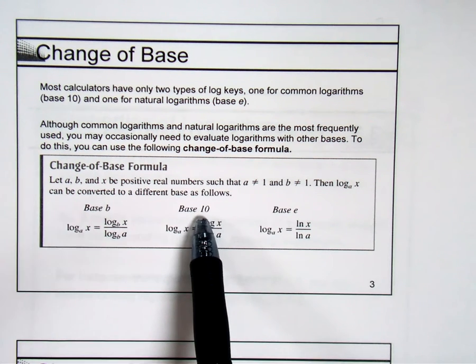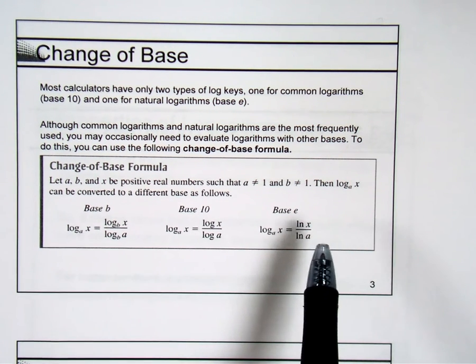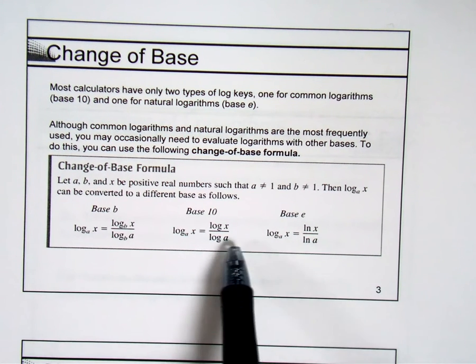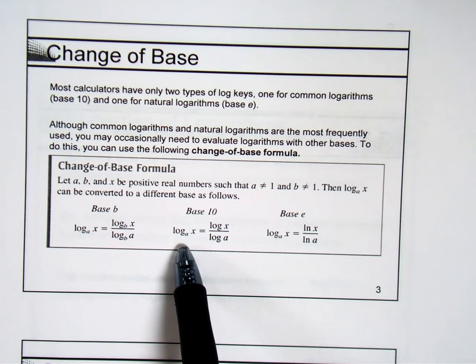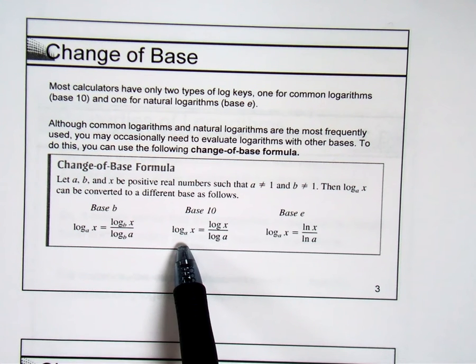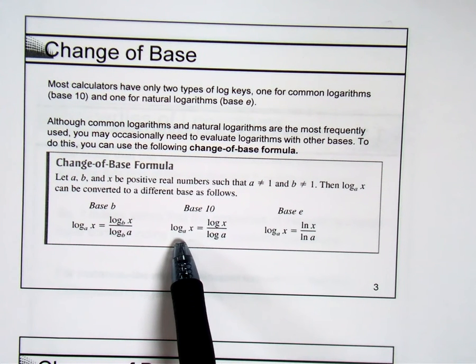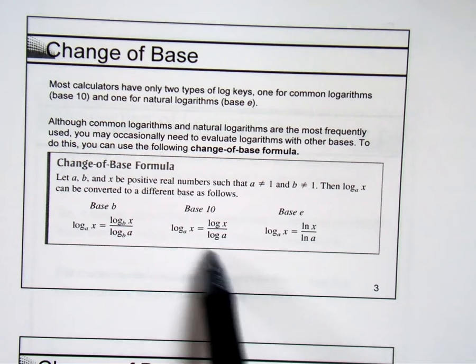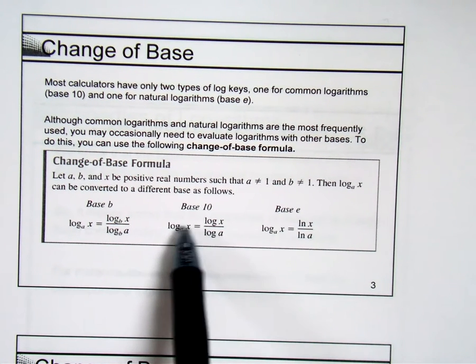If we're changing it to base 10, because that's what your calculator can do the quickest, with its own button on the main screen, then you can just do log base 10 of x divided by log base 10 of A, without going through a bunch of menus to find the custom base option.